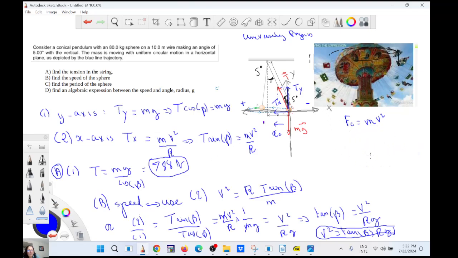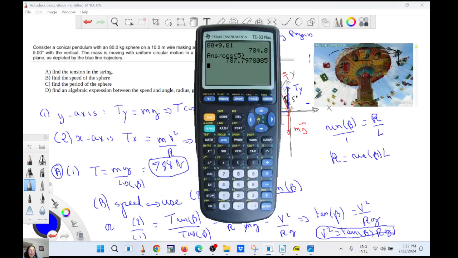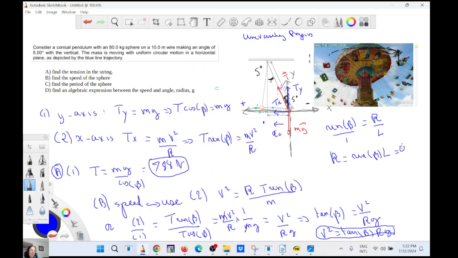First you need to find R. We know this is a right angle triangle, so sine beta equals R over L. So R will be sine beta times L. L is 10 times sine 5 degrees, which is very small. So we get about 0.87.